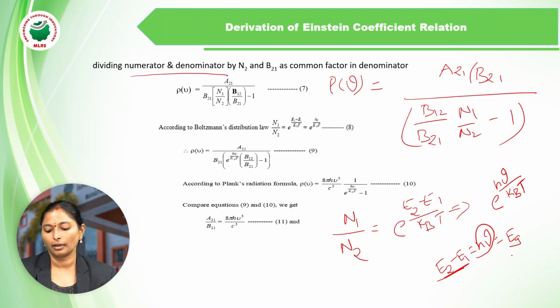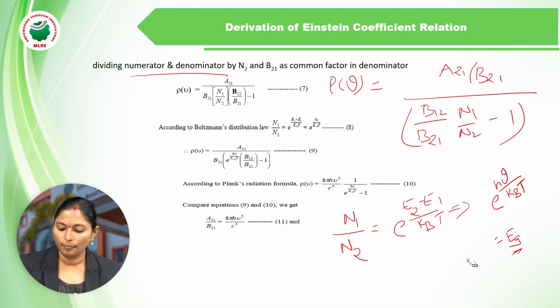This we call the energy gap. So as per the Maxwell-Boltzmann distribution law, N1 by N2 equal to e power h nu by KBT. The same we can substitute here.